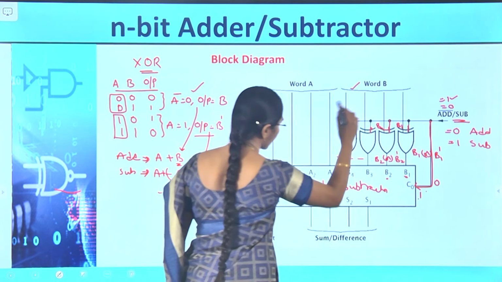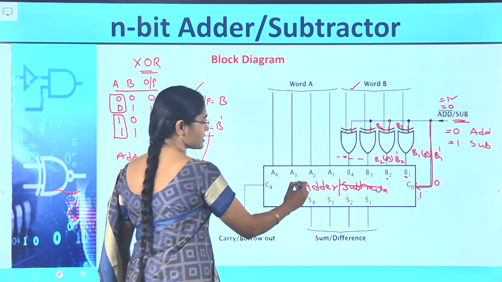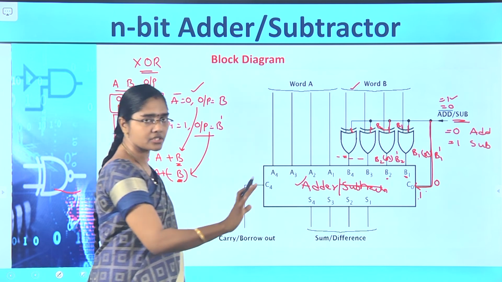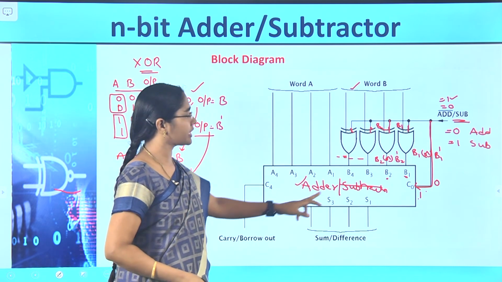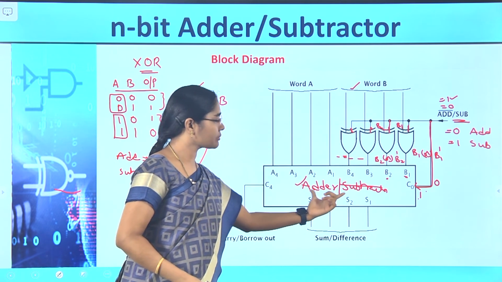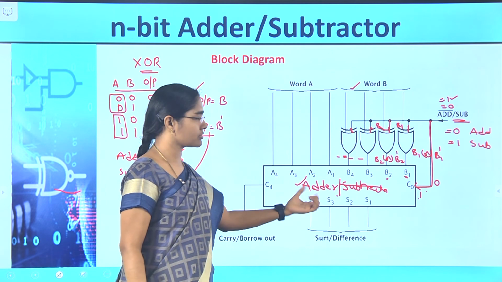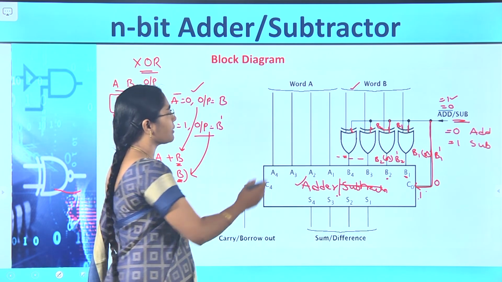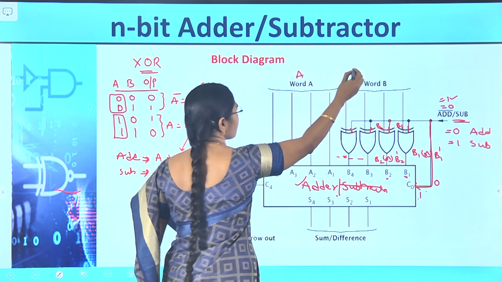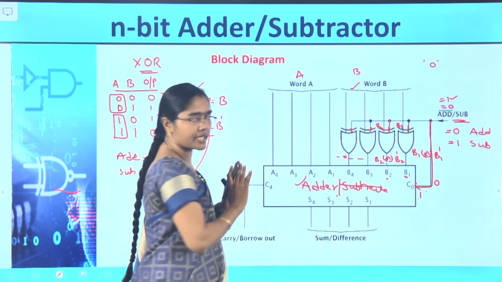This logic diagram is actually the adder-subtractor, but this block is actually only the adder. Inside, only the addition operation is there. This total block diagram is the adder-subtractor, and this internal block is only the adder. An N-bit adder will be used.